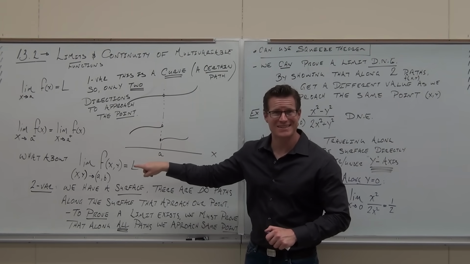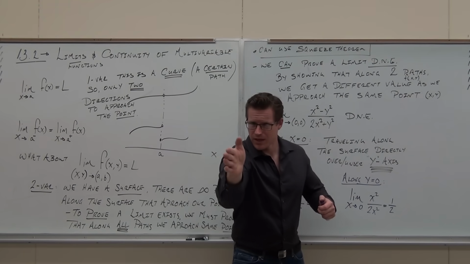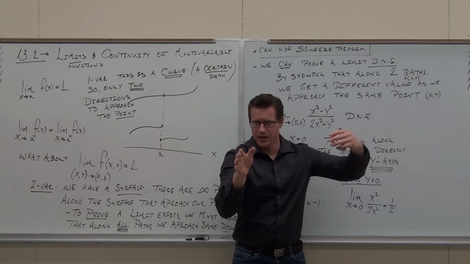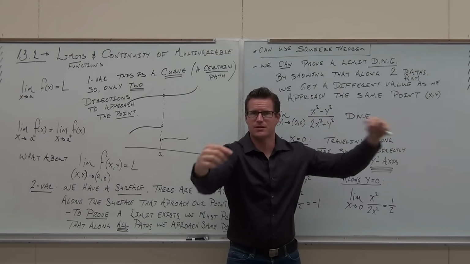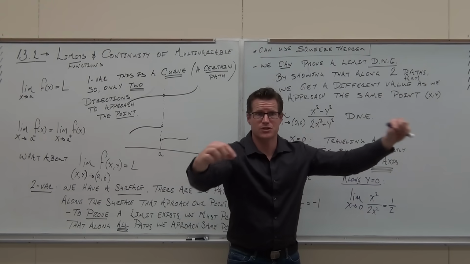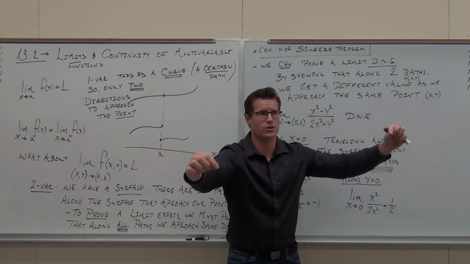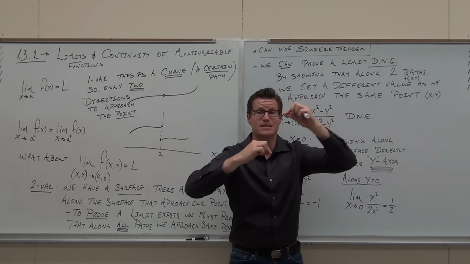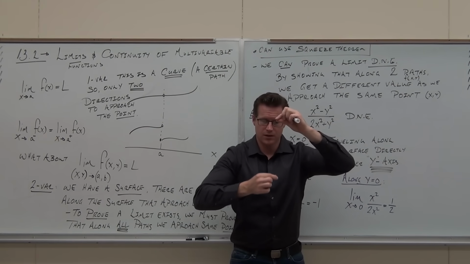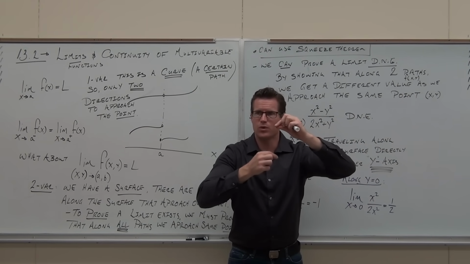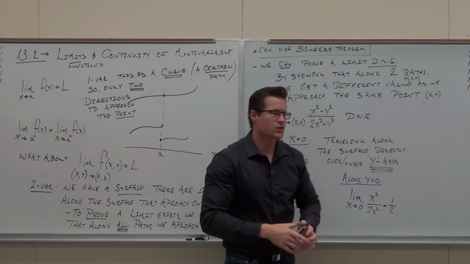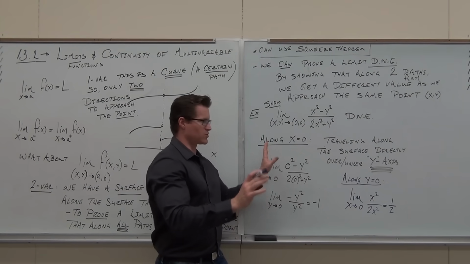You have just shown this situation on a surface. It's practically the same. It's just that from this way and from this way, you're getting two different heights. There's infinite paths, but I just need to show along the surface, along two curves, two paths, that I get different heights at one point, just above one point. And that's exactly what I've done. So by showing that along two paths, what paths?